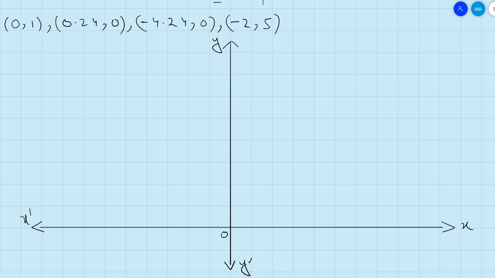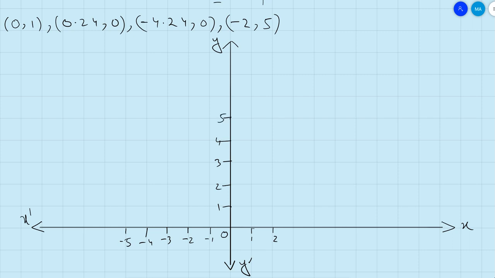I am taking on the x-axis 1 square is 1. This is 1, this is 2, minus 1, minus 2, minus 3, minus 4, minus 5. Similarly, I am taking on the y-axis 1 square is 1, 2, 3, 4 and 5.